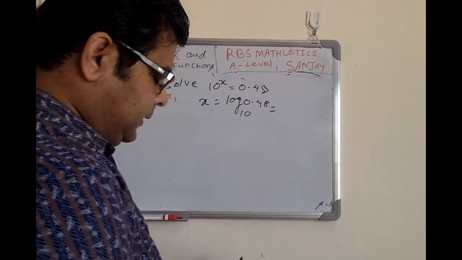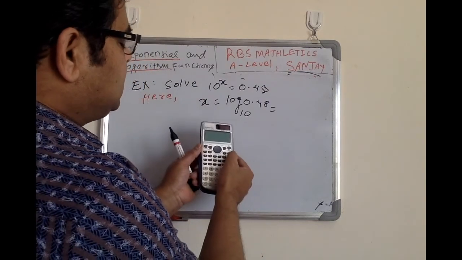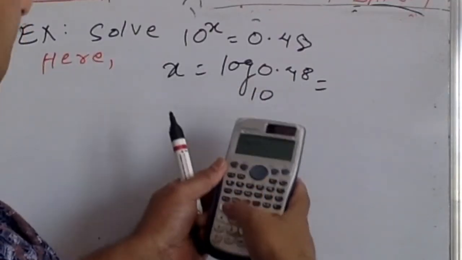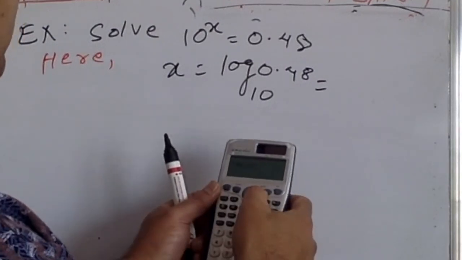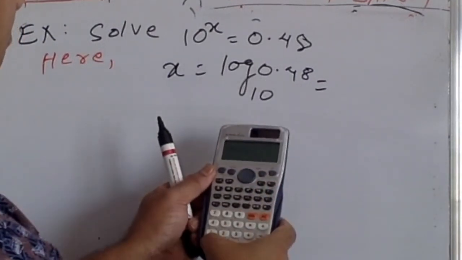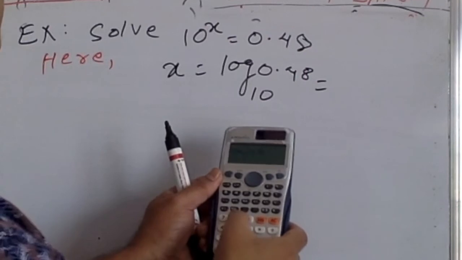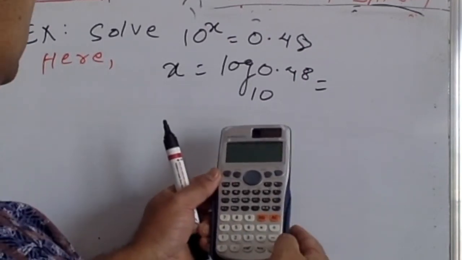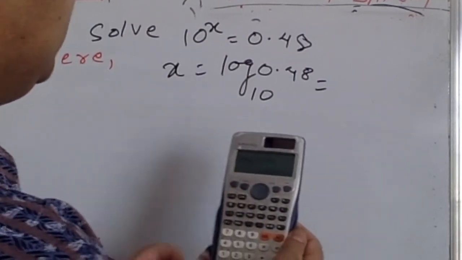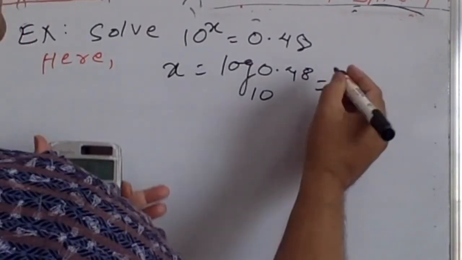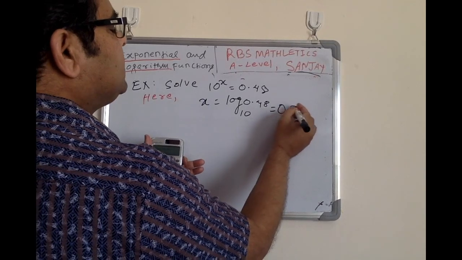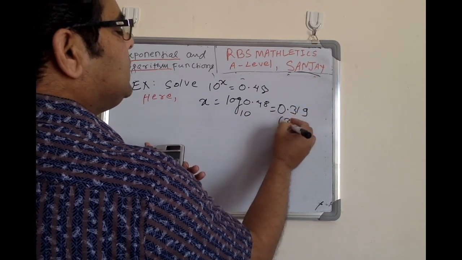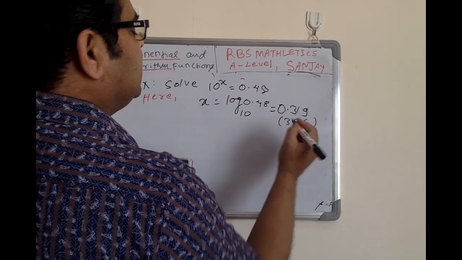In the calculator you can clearly see there is a log button, the base is 10 and the given number is 0.48, and if you press equal, the value is going to be 0.319 up to 3 significant figures.